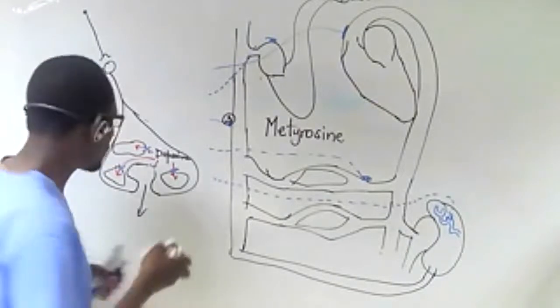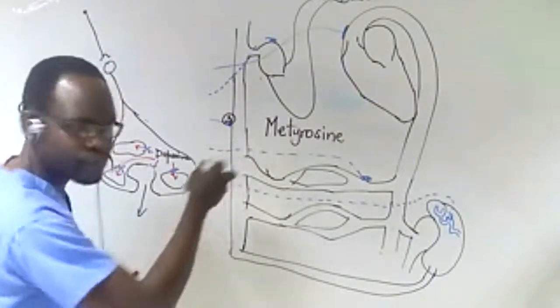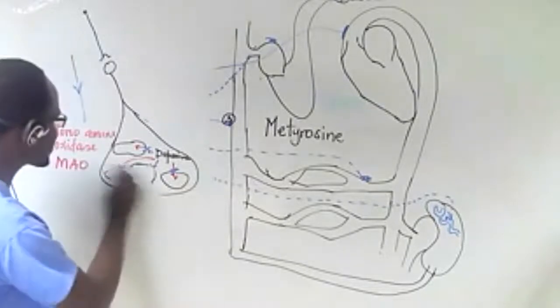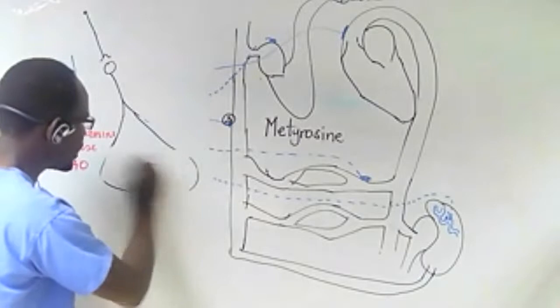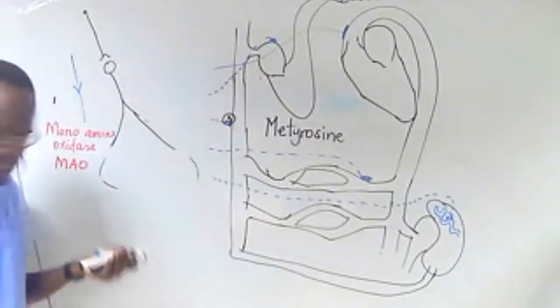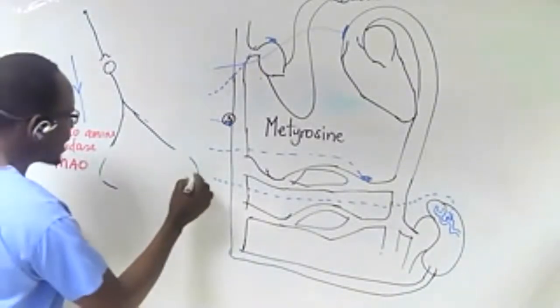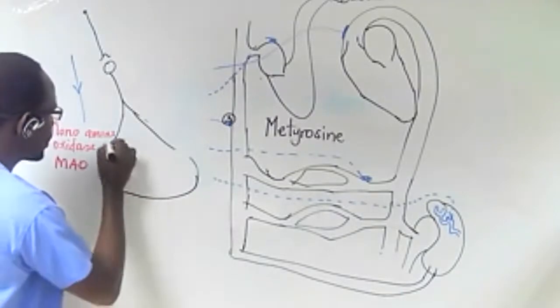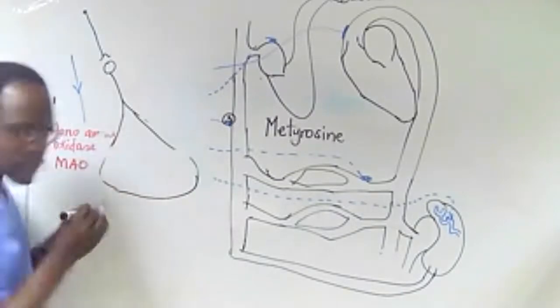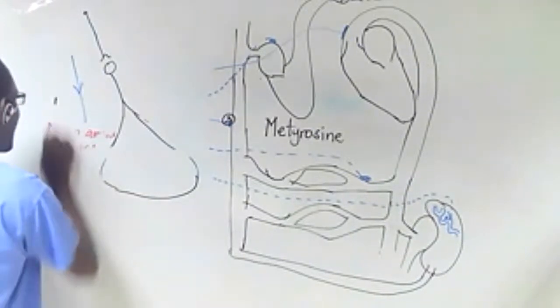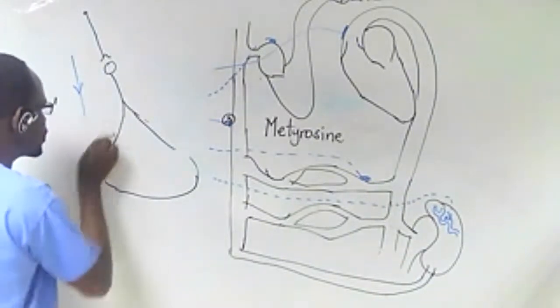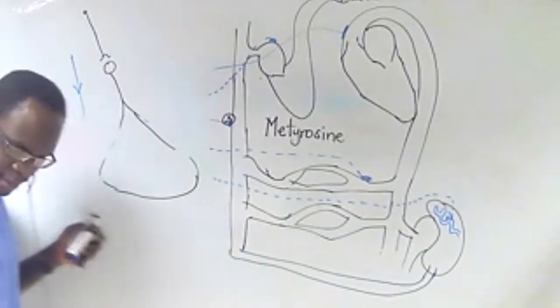So what metyrosine does is to inhibit this enzyme that converts tyrosine into dopa.